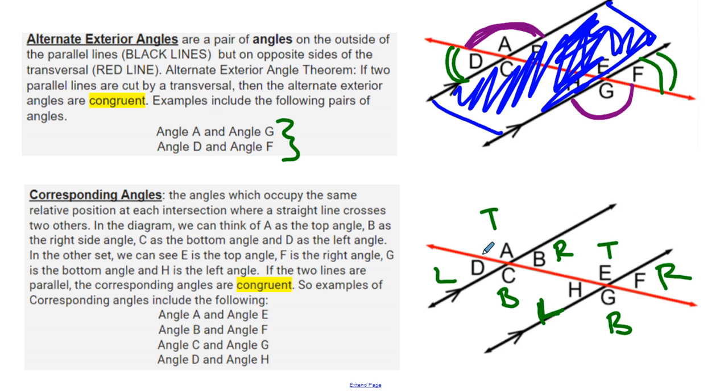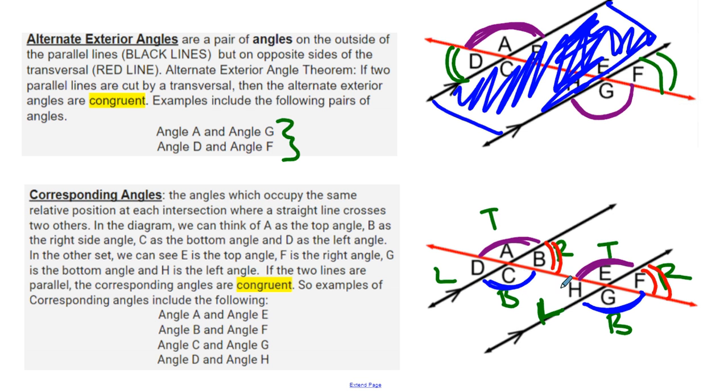So notice A and E have the same letter. That's because they're in the same position. So A and E are corresponding angles. Notice B and F are both labeled R. Okay, so those are corresponding angles. And then notice C and G both have the B for the bottom. And again, if you prefer south, that makes no difference, okay?